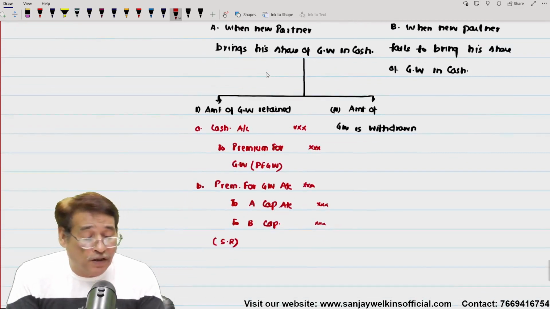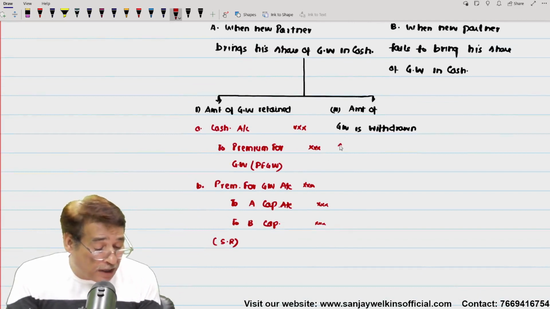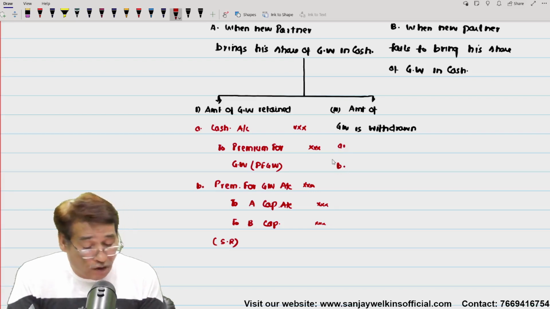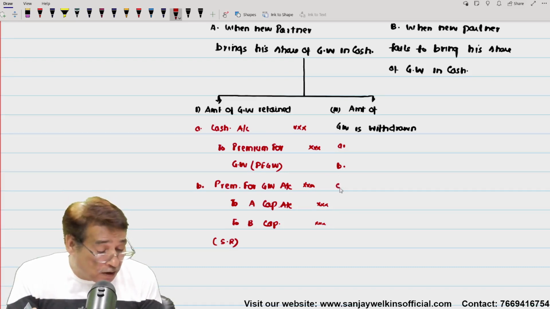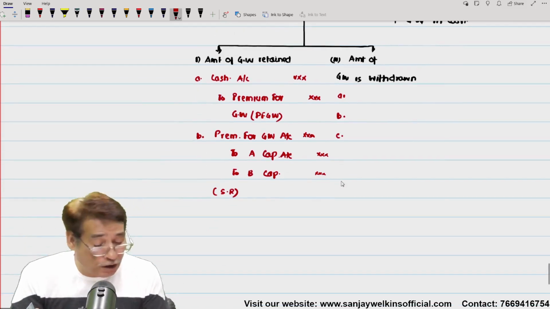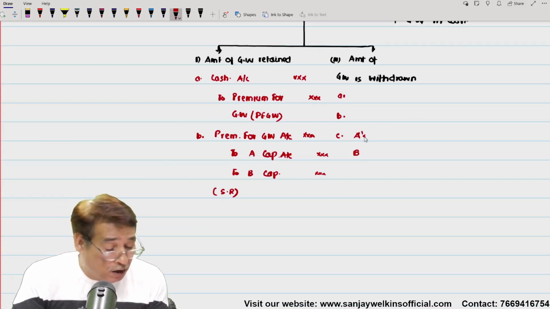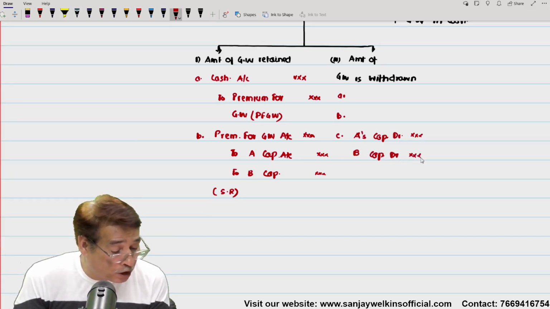When the new partner brings his share of goodwill in cash and the amount of goodwill is withdrawn, we will pass the same entries. First, cash account debit to premium for goodwill account. Then whatever premium has been brought in will be credited to the old partners. After this, we will pass another entry: A's capital account debit, B's capital account debit, to cash account.